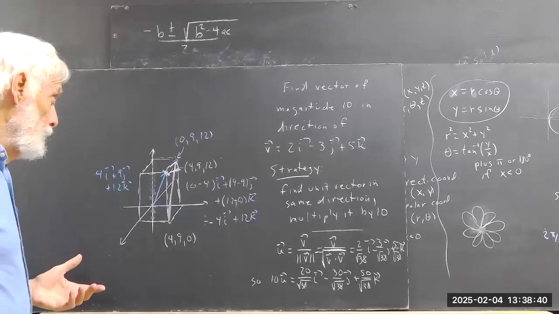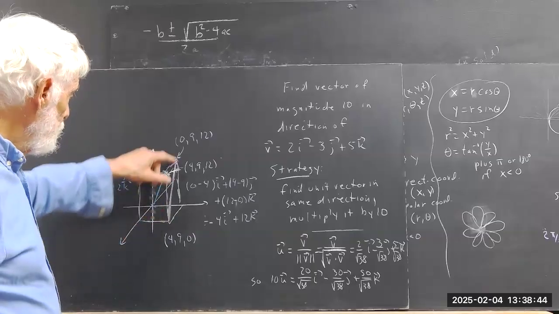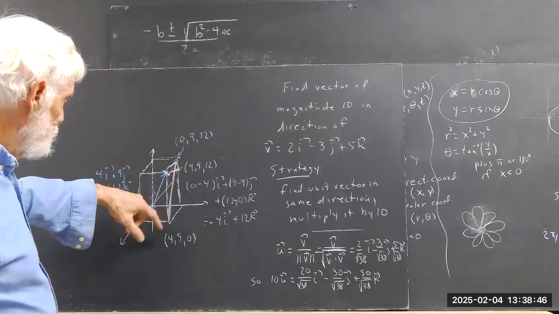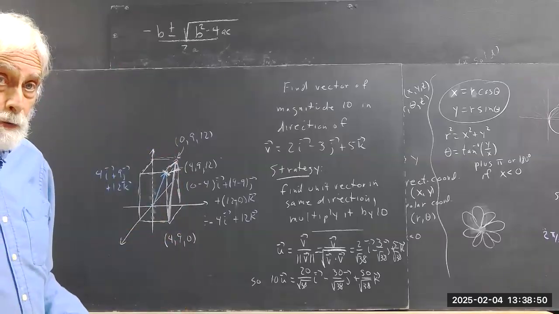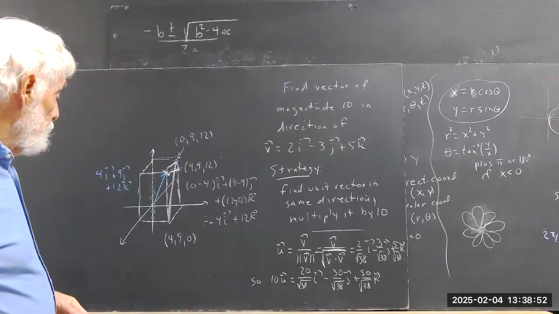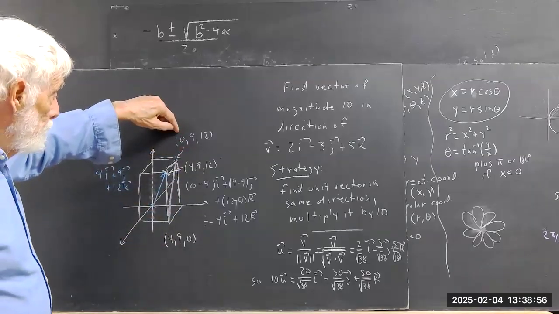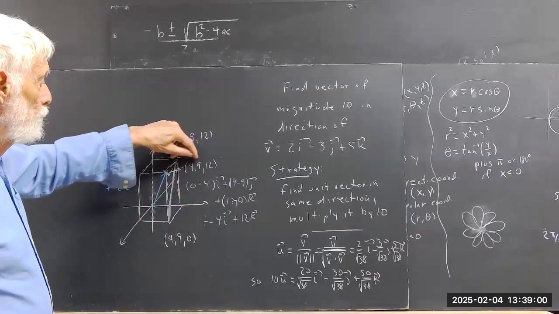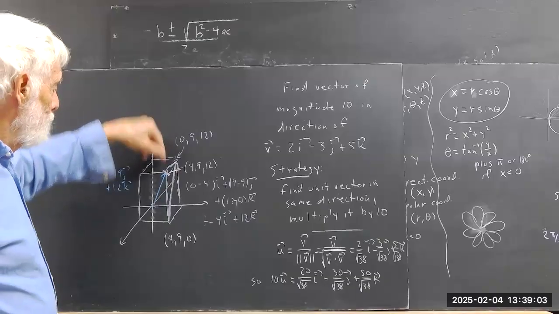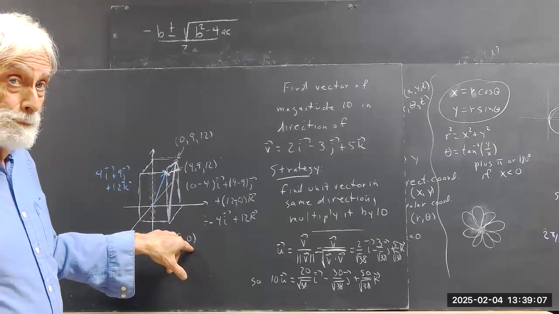Okay. Now, if I want the vector from here to here, and unfortunately that vector goes behind my labeling, so be it. It's along this face of this rectangular solid. So we've got to go from 4, 9, 0 to 0, 9, 12. And why is this 4, 9, 0? Because this is 4, 9, 12, but this is projected down into the XY plane where Z is equal to 0.